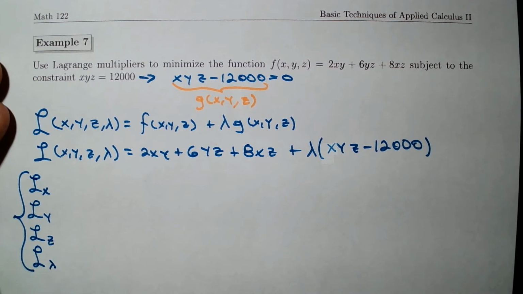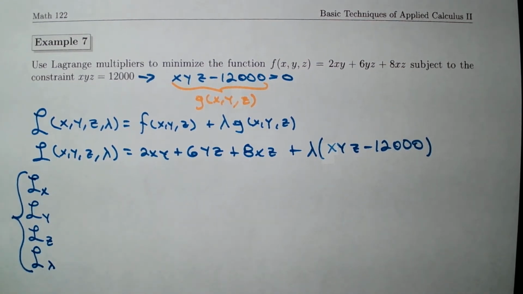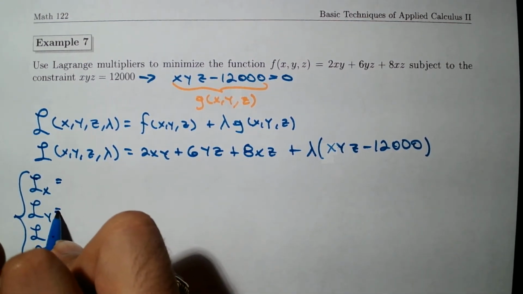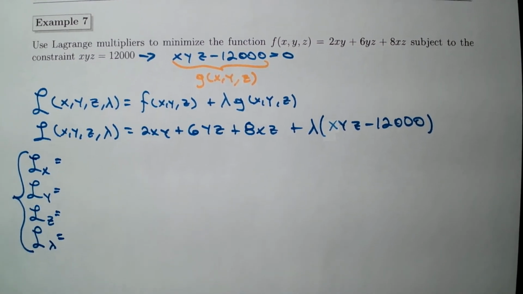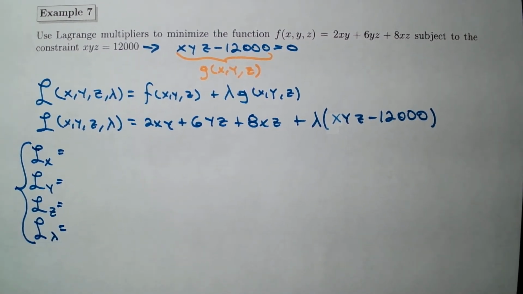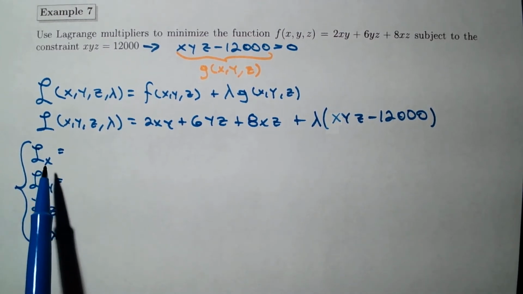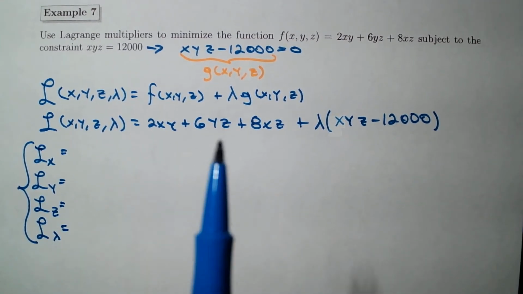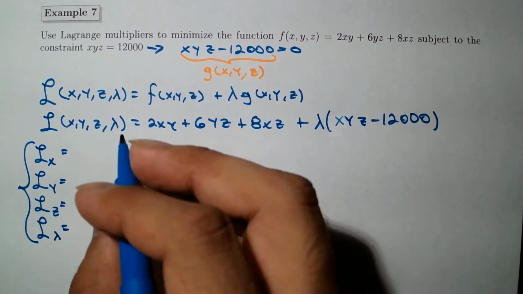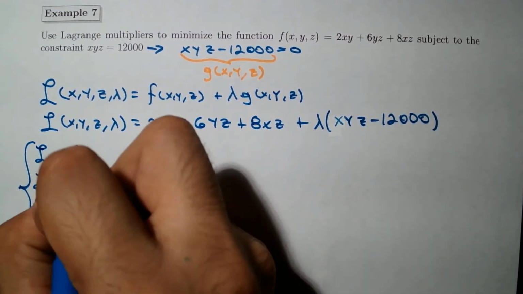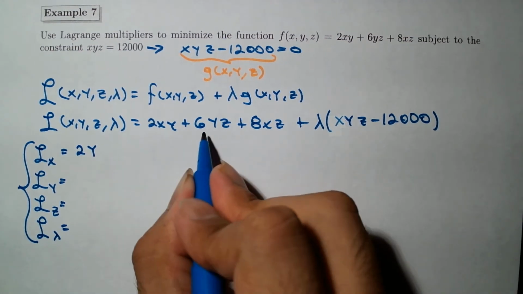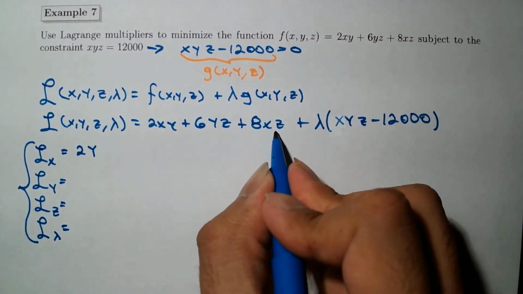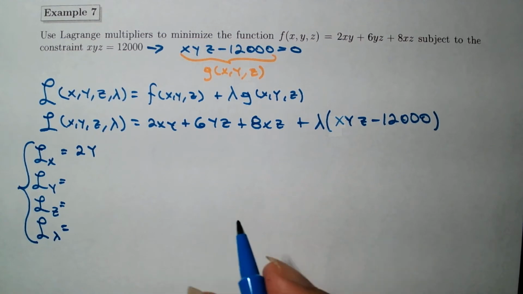So let's give this system of equations notation, and let's find the 4 partial derivatives. The partial derivative with respect to x, in this case, is going to be 2y, and 0, and 8z.